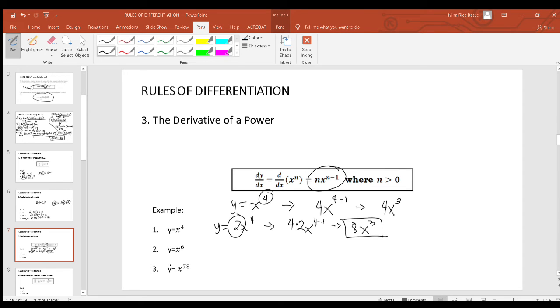Next, y is equals to x raised to 6. Let's apply the power rule. Okay, let's bring down the exponent first, and then let's raise the x to the exponent minus 1. Therefore, the y prime natin is 6x raised to 5.